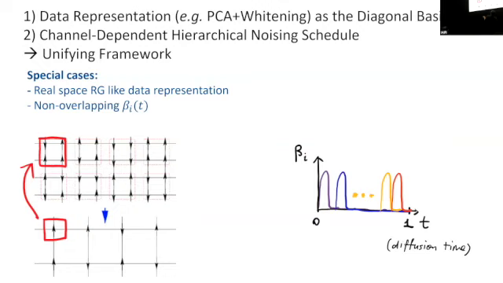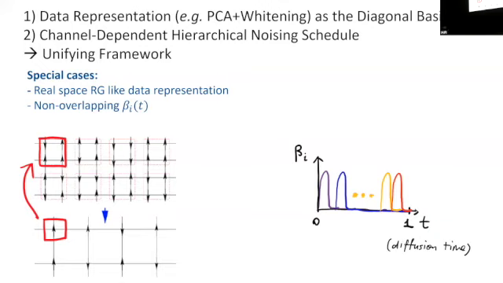You can think about it as choosing a data representation that's basically real space, right? So you just coarse grain it, and then a non-overlapping noising schedule, so you generate one thing at a time. So you could try to understand those.